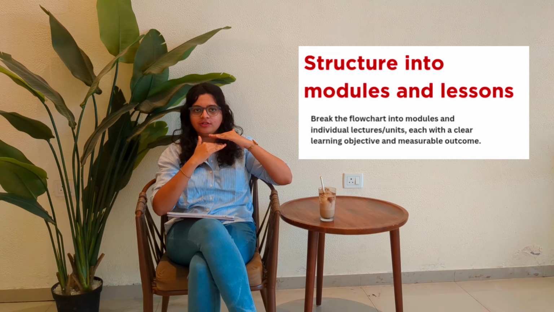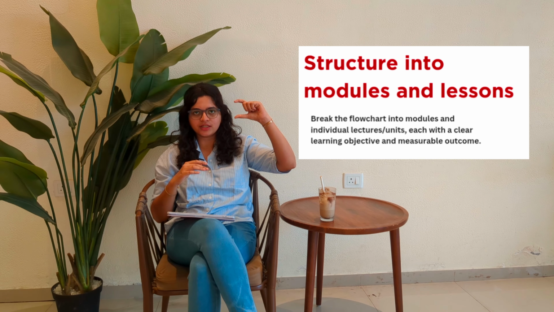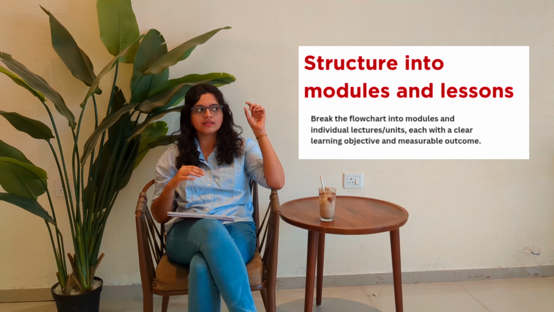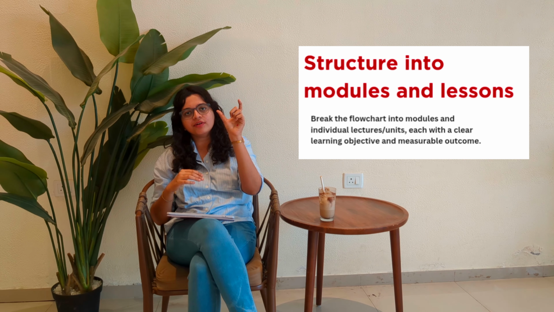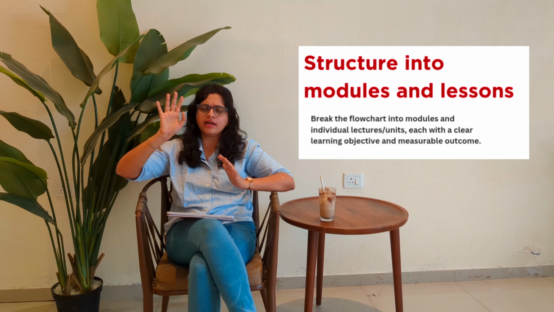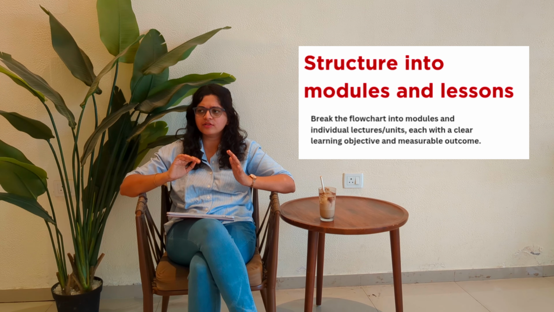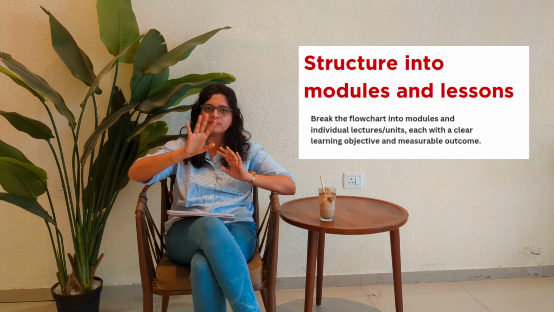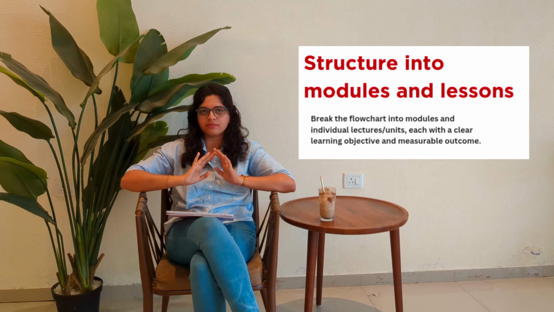Each module has a specific objective and measurable outcome. The measurable outcome here is, if I am able to identify all the numbers, if I am able to form a complete sentence without the help of any other tool, without seeing the book or without asking ChatGPT, if I am able to form a complete sentence on my own, this module is complete for me.